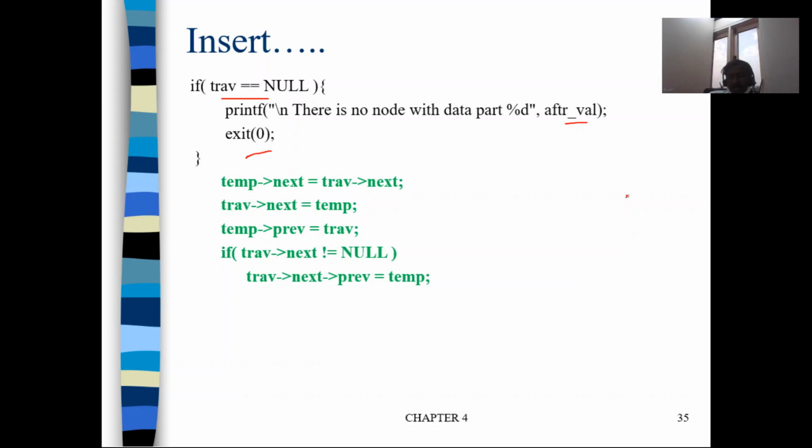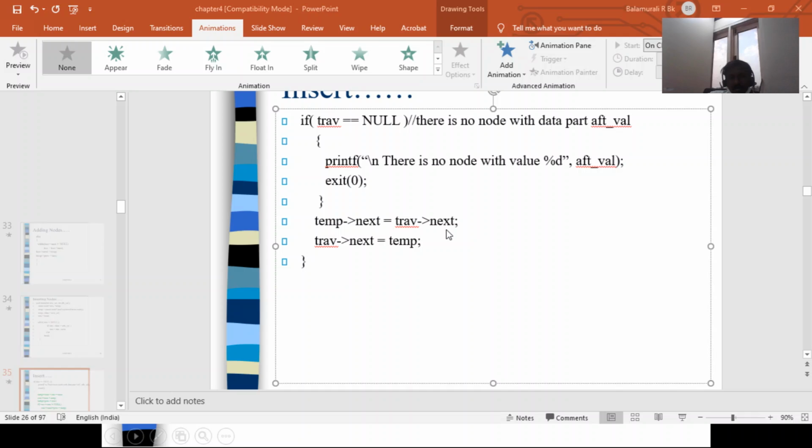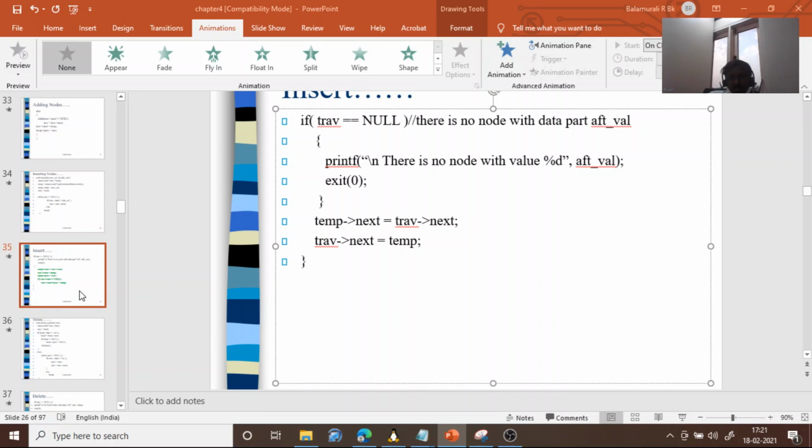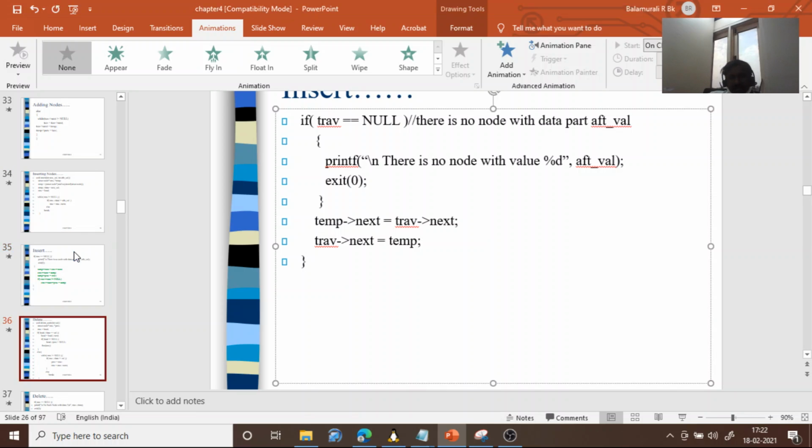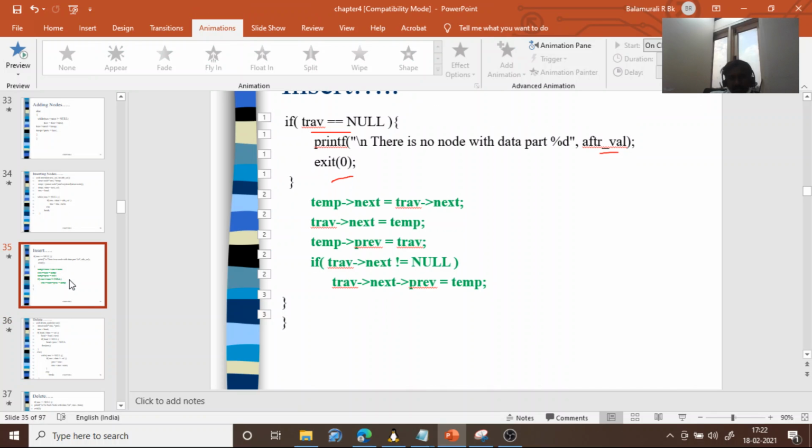Actually here I have not written in the proper order, but that order is important. Let me change that order. First, temp arrow next is equal to traverse arrow next.